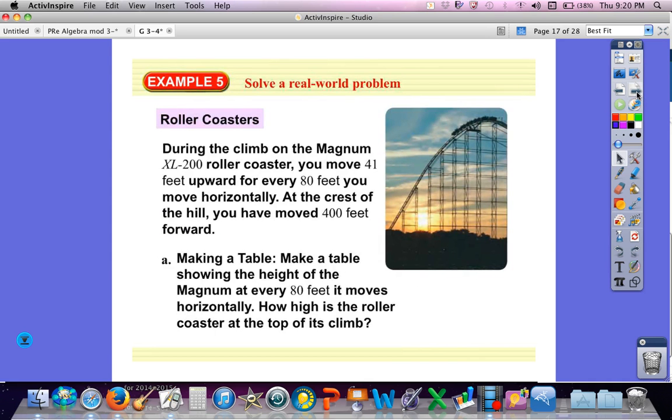Okay, problem number 5, I am actually not going to do. I have a philosophical problem with this, because they start talking about roller coasters and slopes. But as you can see, and as you learned in Algebra 1, this is not a constant rate of change.